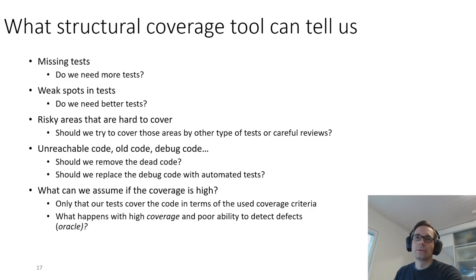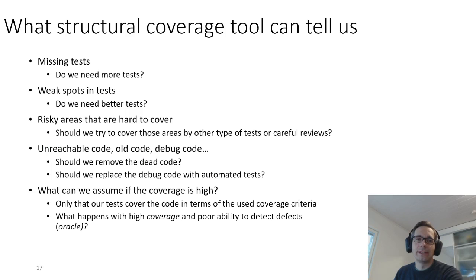So what can structural coverage tell us? Well, it can clearly identify if we are missing some tests. Is there a need to do more testing? It can also indicate the need to have better tests. It can point out risky areas that are hard to cover by testing.